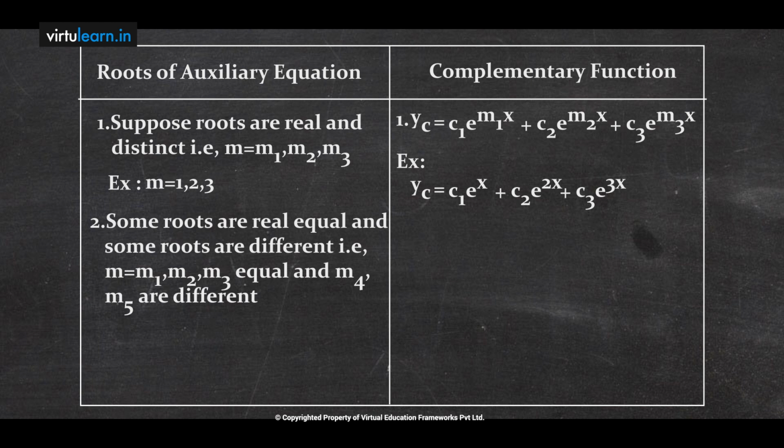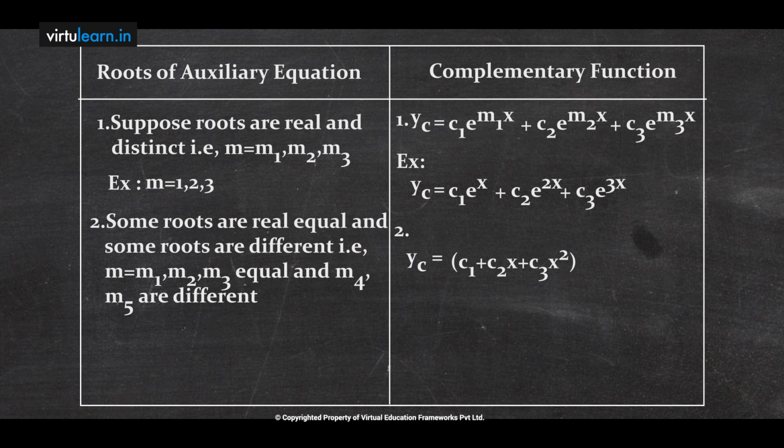Then the complementary function yc equals c1 plus c2x plus c3x square. Observe this one, these three roots are equal roots, that's why I am writing like this. This is the standard formula.